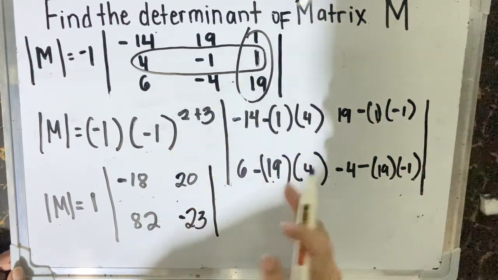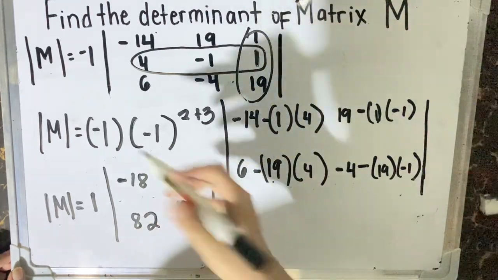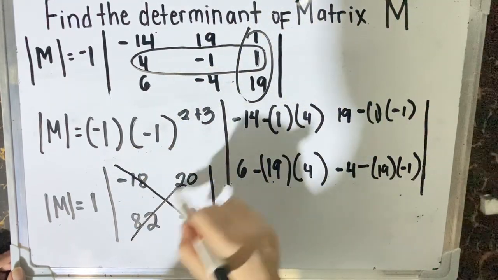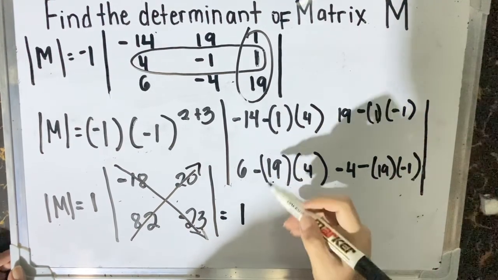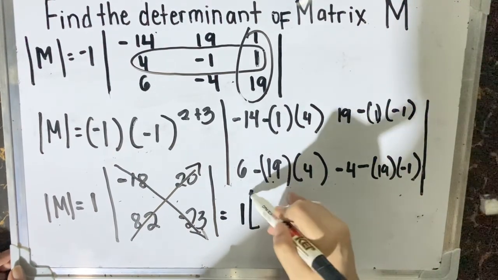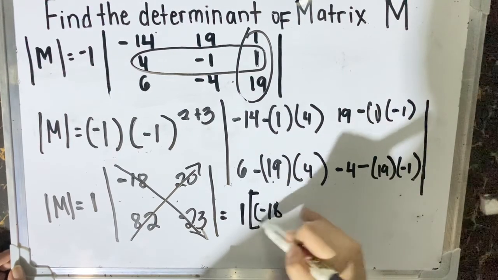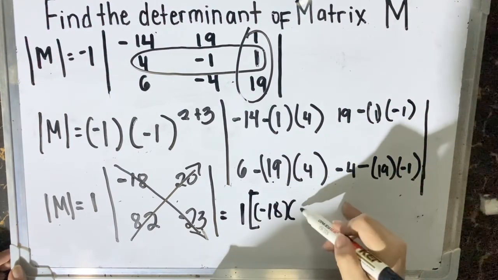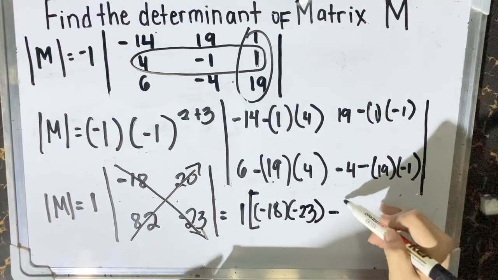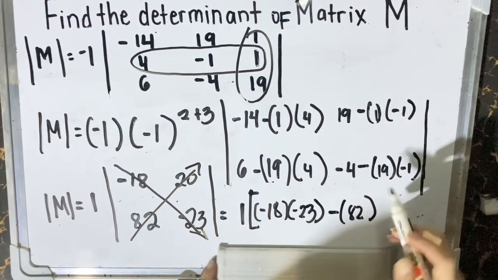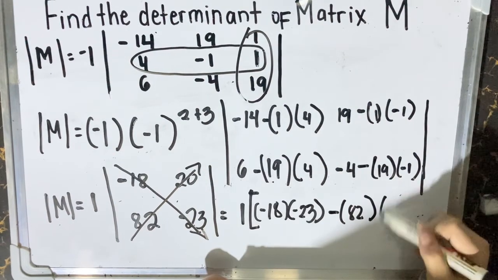So, all we have to do is to use the Leibniz method. So, ayan. This will be equal to 1 times negative 18 multiplied by negative 23 minus 82 multiplied by 20.